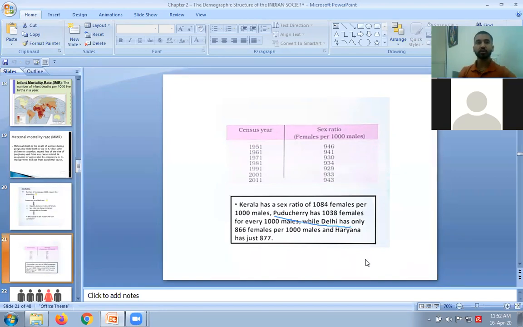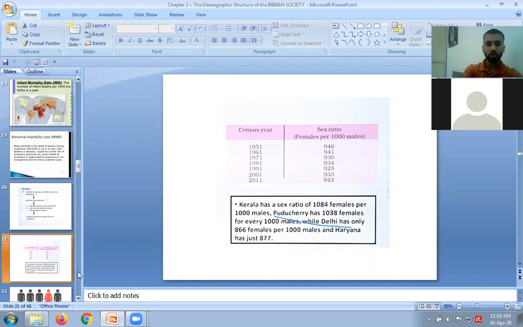But when we calculate it in terms of crores, it reaches another level, and our population is almost crossing 1.3 billion, more than 130 crores. So you can imagine that if in terms of 1,000 males, according to the 2011 census, it's 943, then if you calculate this in terms of crores of males, the figures are going to shock us. And unfortunately, we do not have good records as far as sex ratio is concerned.